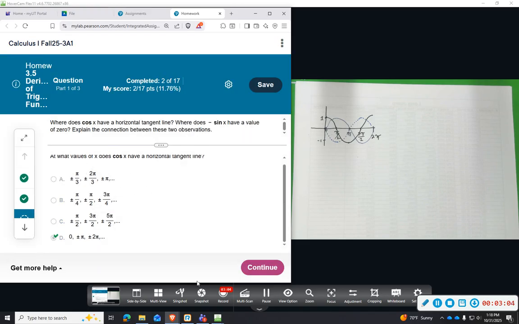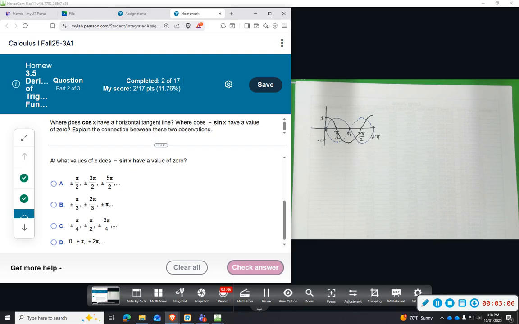And then the next part asks what value does the negative sine have a value of 0. So when does negative sine have a value of 0? Negative sine starts here, goes up, and then comes down.